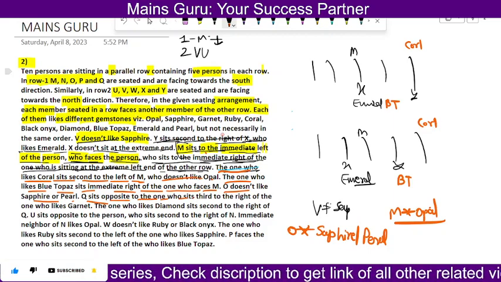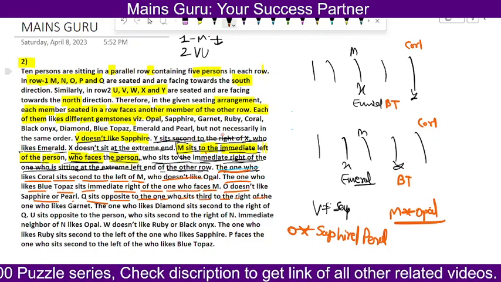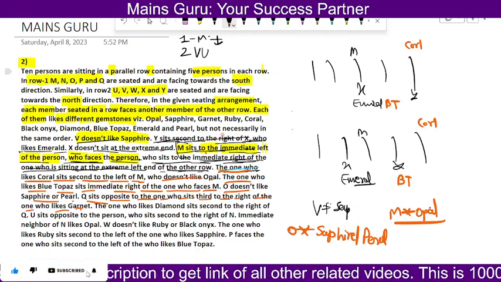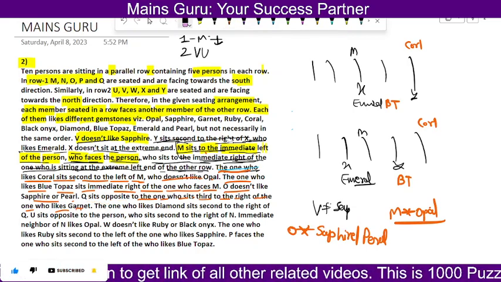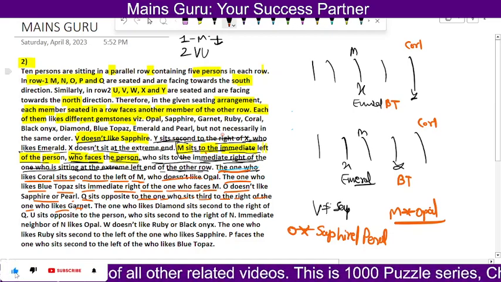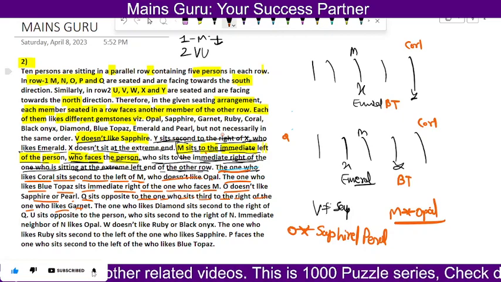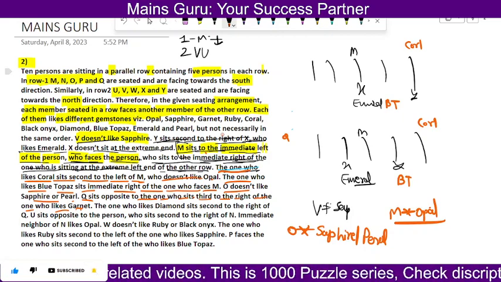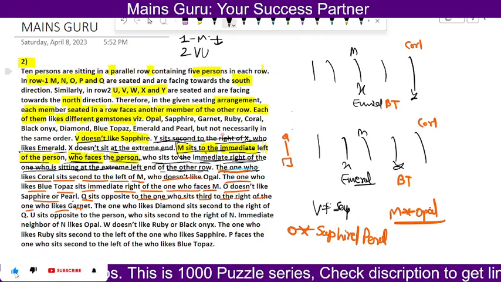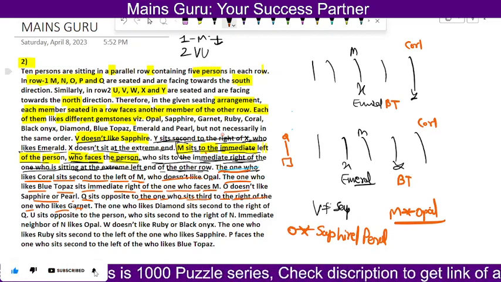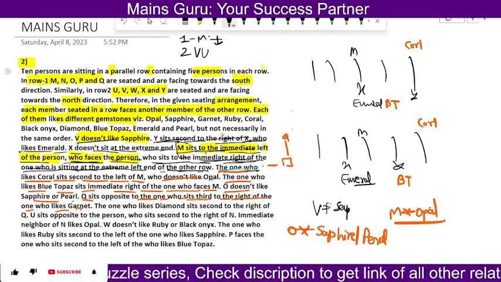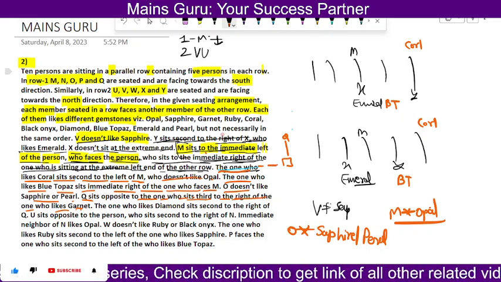After this, Q sits opposite to the one who sits third to the right of the one who likes Garnet. In which row will Q sit? First we confirm that. Q will sit in the first row. So the sentence is saying Q sits opposite to the one who sits third to the right of the one who likes Garnet. Suppose Garnet is here, 1, 2, approximately here.